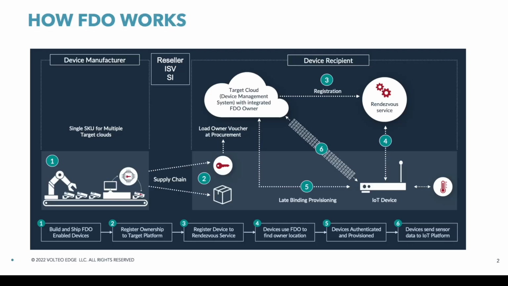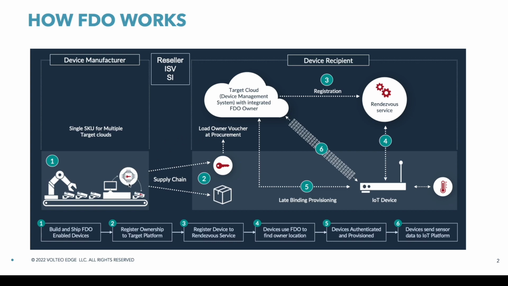I'm not going to spend too long on the basics of FIDO. You can go look up the initiative and the specification online. But fundamentally, it allows device manufacturers to use a single SKU that can be targeted at multiple customers with the goals of installing multiple different software stacks. And the device manufacturer only has to install the initial keys related to the final device recipient.